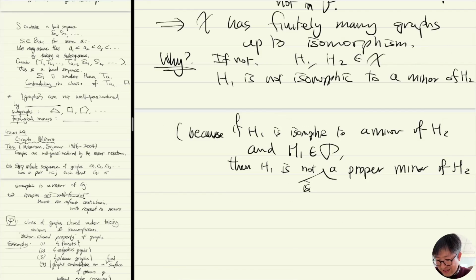So whenever I say not isomorphic to a proper minor, this means that H1 is isomorphic to H2.